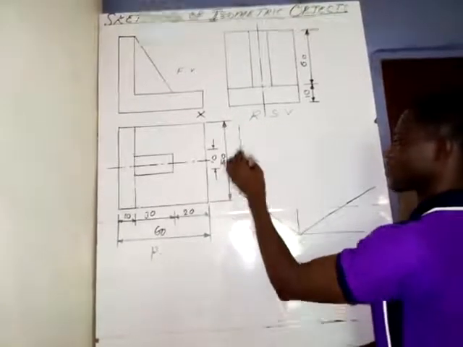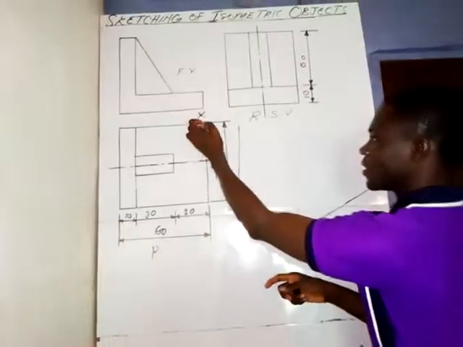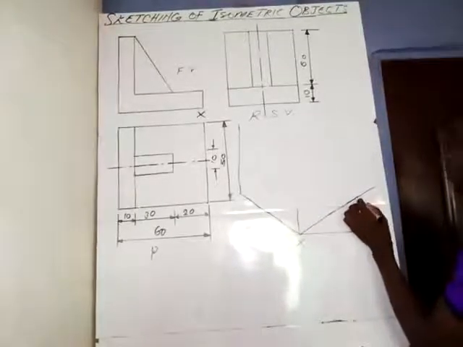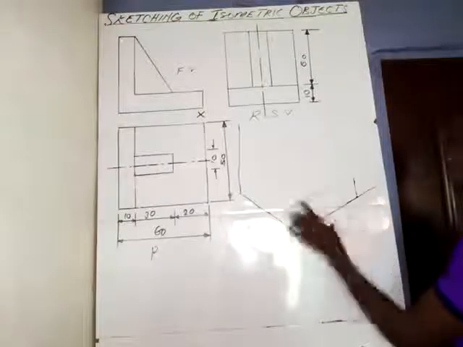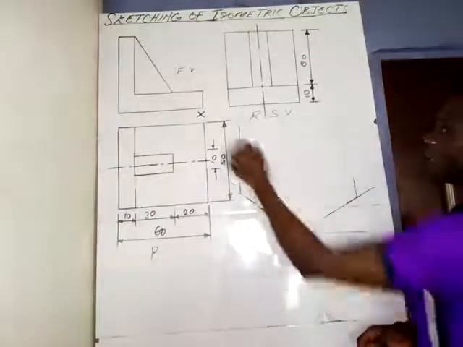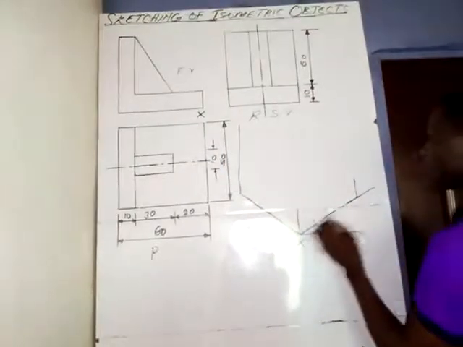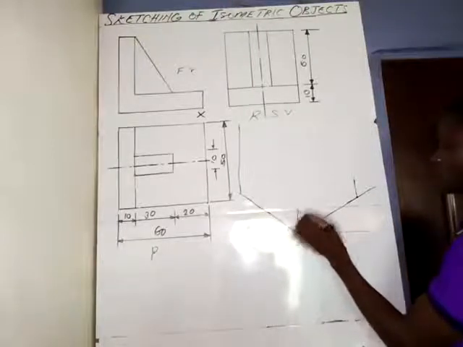Then from here to here is 50 millimeters. So take a measurement of 50 millimeters from here to here, and then produce a short vertical line, as we have done here. Then the distance from here to here is 10 millimeters. Take a measurement of 10 millimeters from here to here with your ruler.